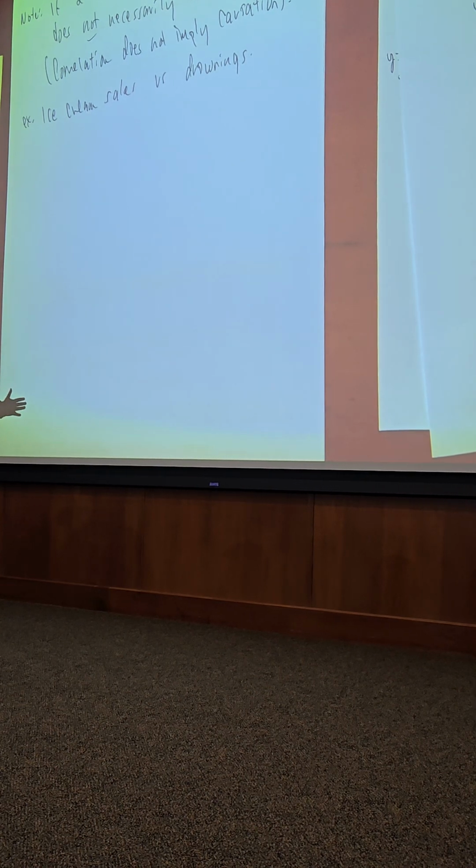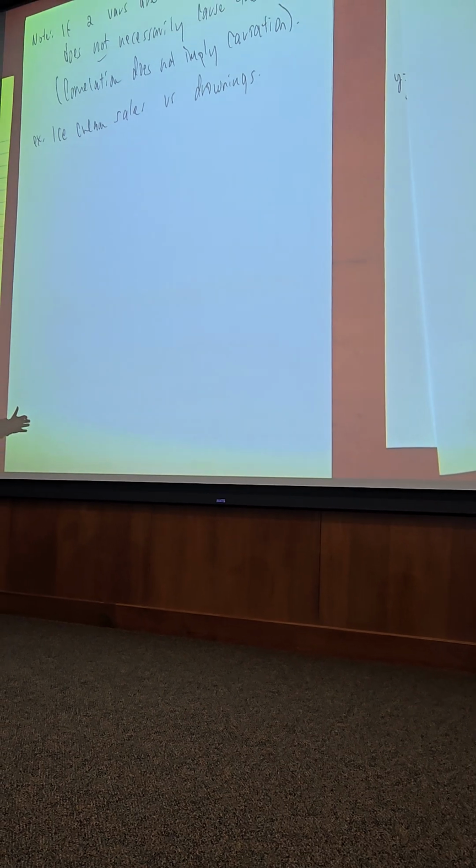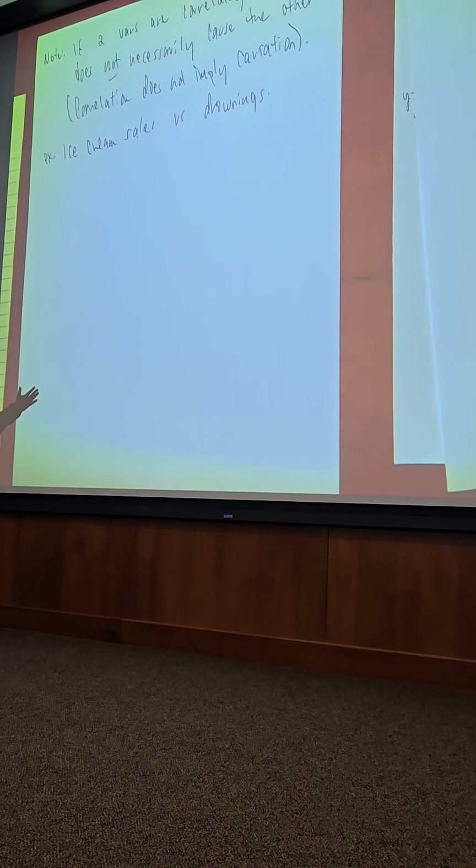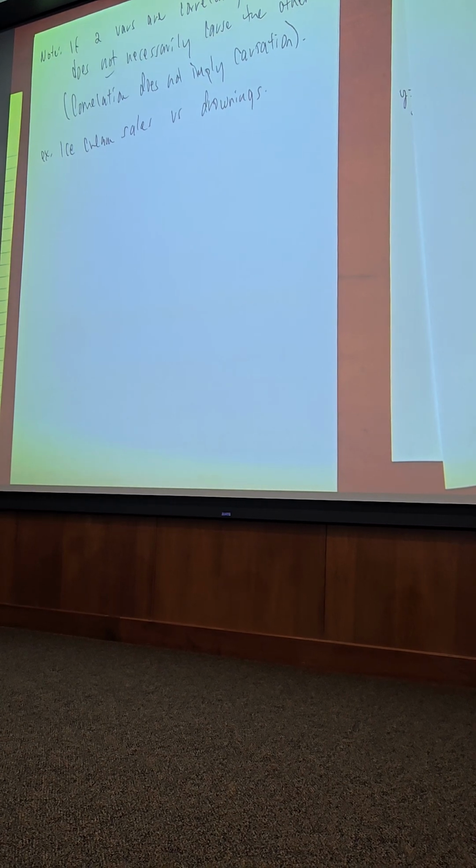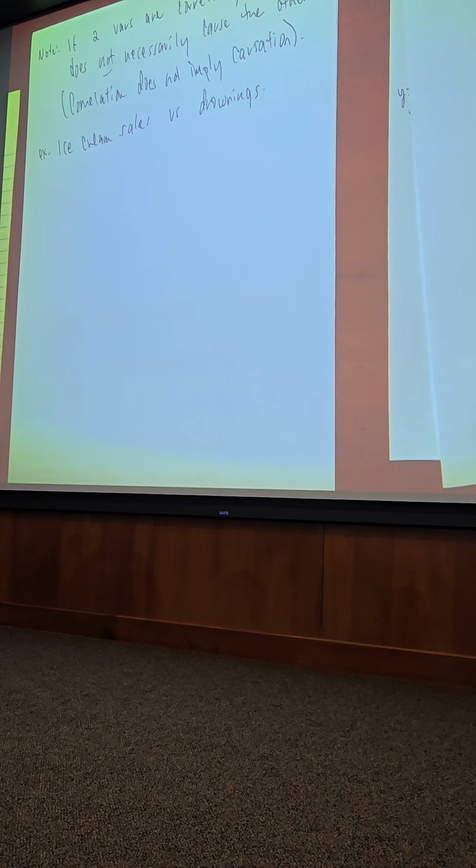In other words, when ice cream is selling really well, quite a few people are drowning, relatively speaking. And when ice cream is selling really poorly, very few people are drowning. Does it mean ice cream is causing you to drown? I ate ice cream before swimming many times and I never sank to the bottom. So yes, there's a positive correlation there, but it doesn't mean ice cream is causing you to drown.